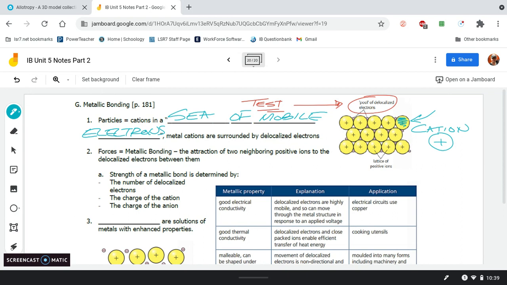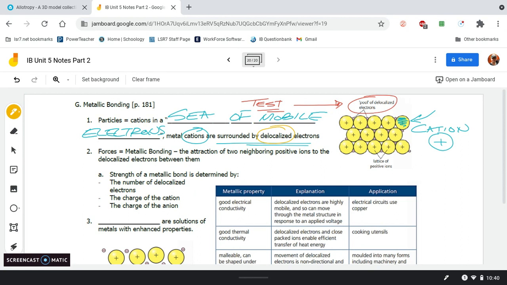I didn't make this definition up. This is what they always give you. But the idea is that the pluses are surrounded by these minuses, and those minuses can move. That's the thing about metallic bonding. The bond is pretty strong, but we can do things with metals like make them into wires.